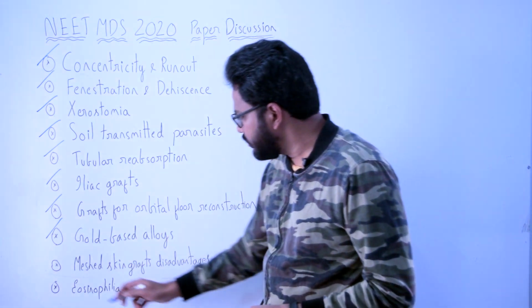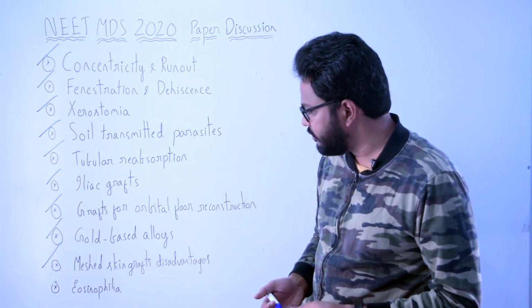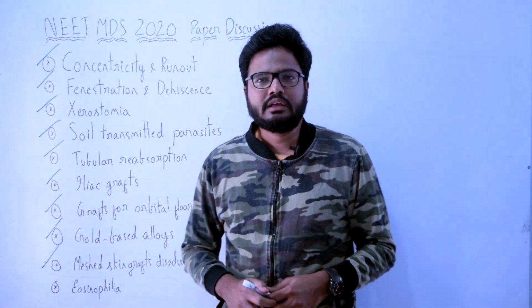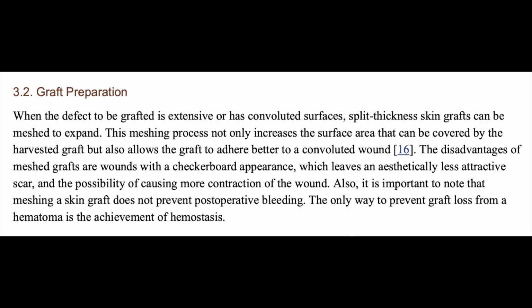Now moving on to the next question, disadvantages of meshed skin graft. If you review literature, what is this meshed skin graft? A split thickness skin graft can be meshed to expand. When the defect to be grafted is extensive or has convoluted surfaces, split thickness skin grafts can be meshed to expand.